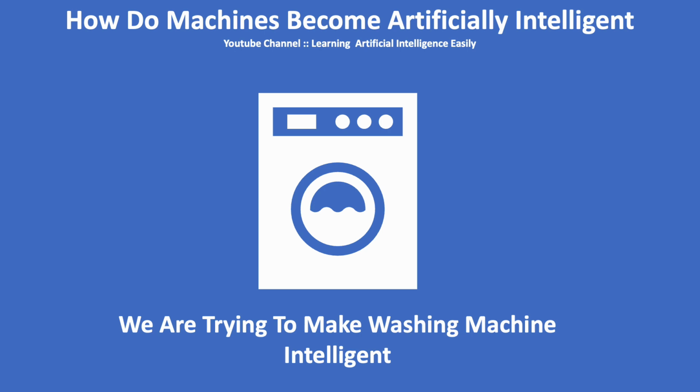Now let's make the machine more intelligent and ask it to perform one more extra task: whenever it starts and stops, it should always send me a notification on my device.